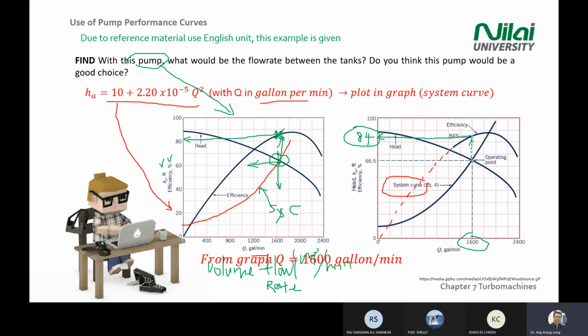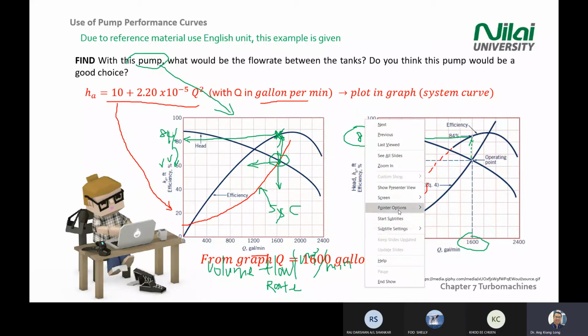Because you are touching the efficiency line. So the value you're touching actually is efficiency. That's why the 84 value that you project from the efficiency line reads as 84% efficiency. If the point touches head, then it reads as head. You understand now? Yeah, now I understand. Okay, good.